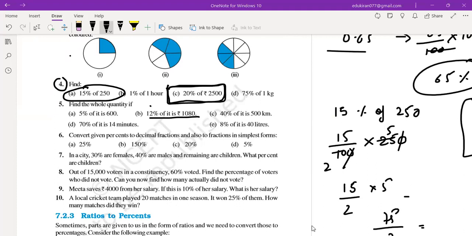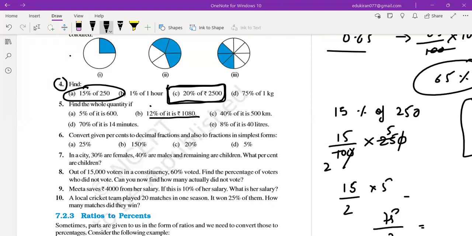D1, how you did? 75% of 1 kg. 1 kg equals 1000 grams. 75 divided by 100 into 1000. Cut 2 zeros of 1000 and 2 zeros of 100. That leaves you 75 into 10 divided by 1, which gives you 750. Yes, 750 grams, right? Yes.